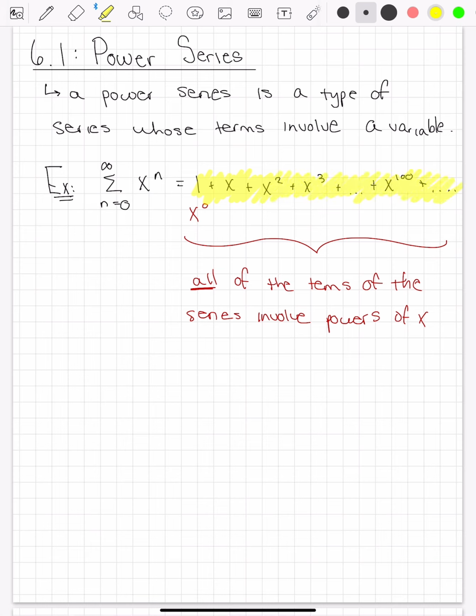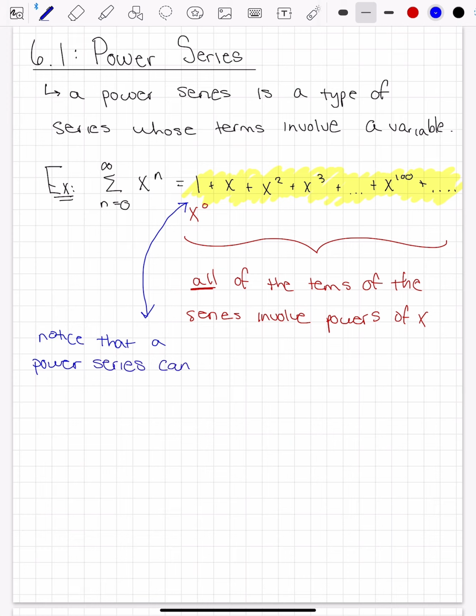Remember, a polynomial is an equation with powers of x, so this here is an infinite polynomial. So notice that a power series can be thought of as an infinite polynomial.